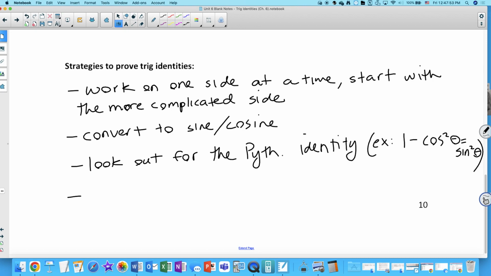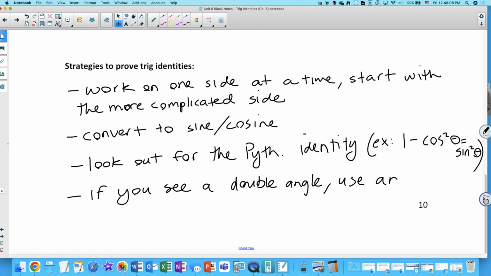So if you see a double angle, use an identity to get it in terms of the single angle.